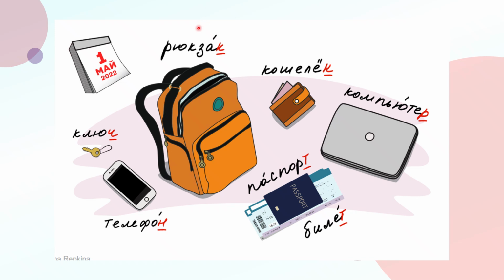Let's have some words for each gender. For masculine gender, рюкзак, consonant, кошелек, компьютер, паспорт, consonant, билет, телефон, ключ.